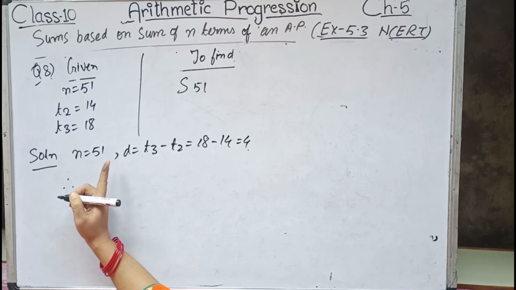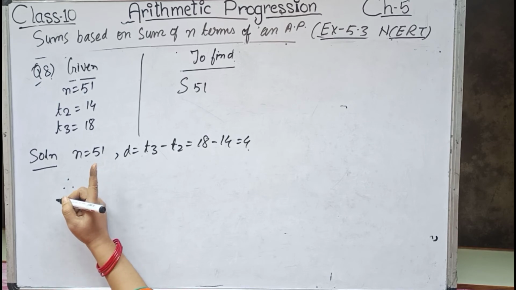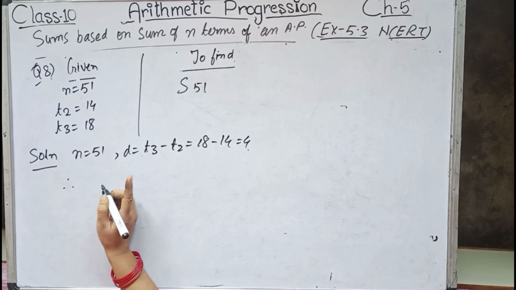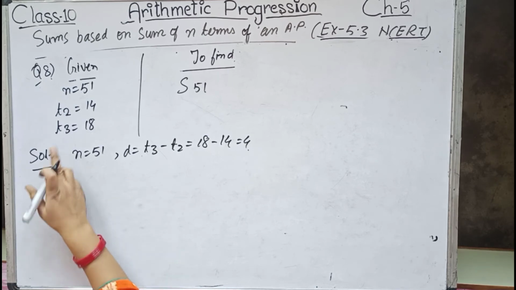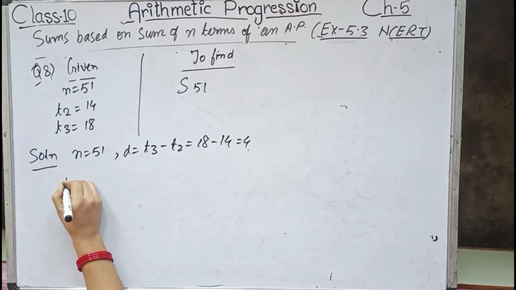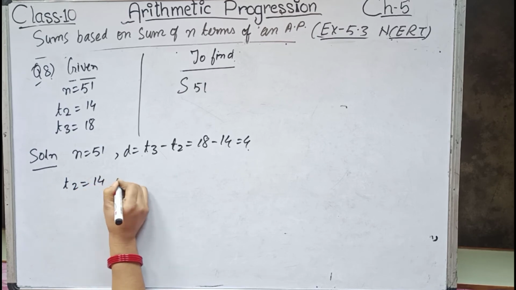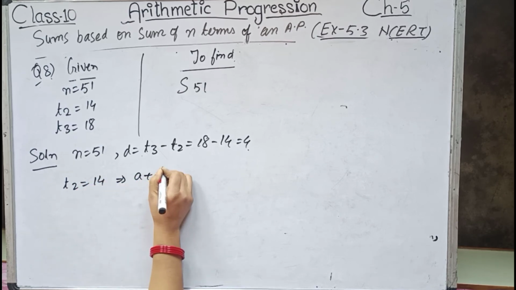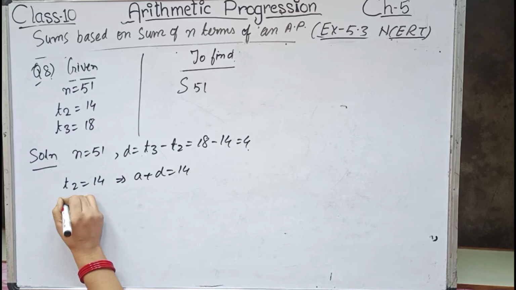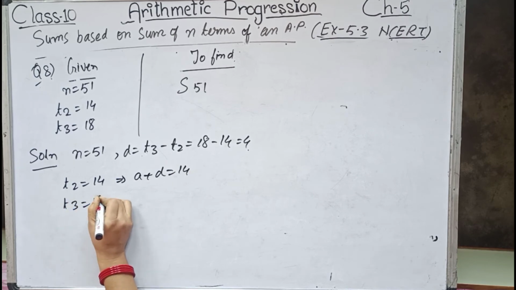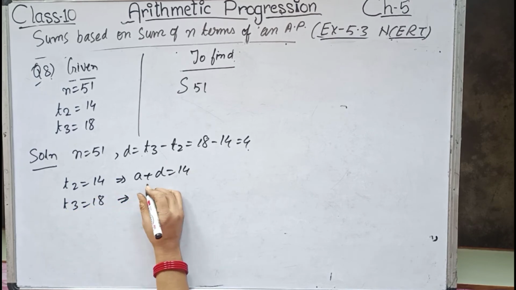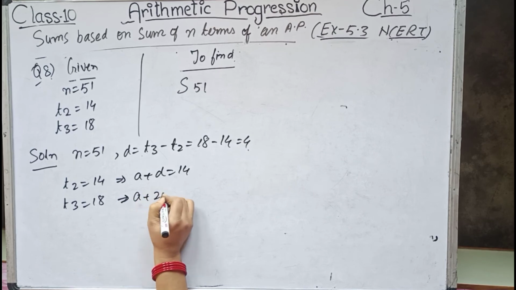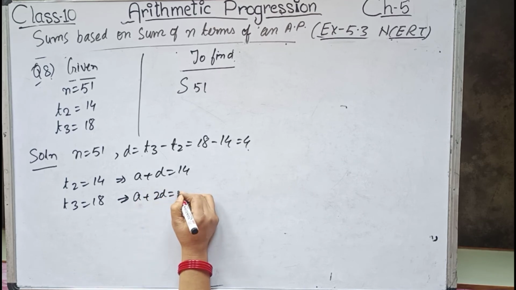No, I cannot put it, because I have to get the value of a also. So let us use this formula. T2 equals 14 implies a plus d equals 14, and T3 equals 18 implies a plus 2d equals 18.